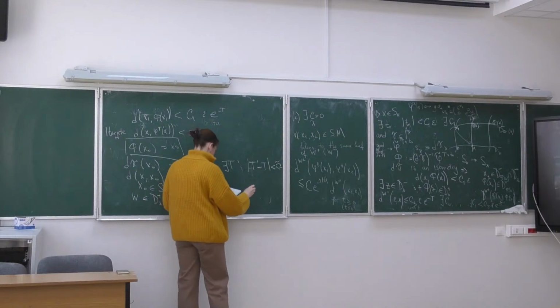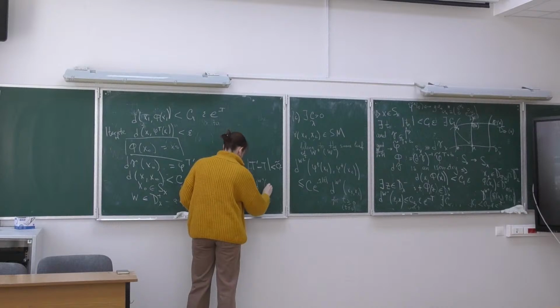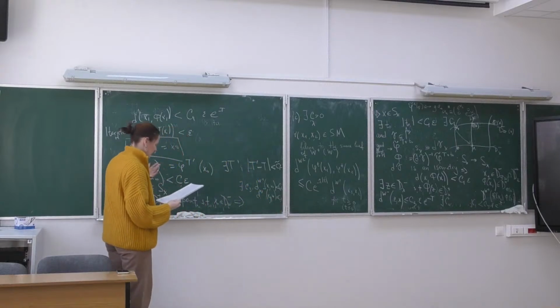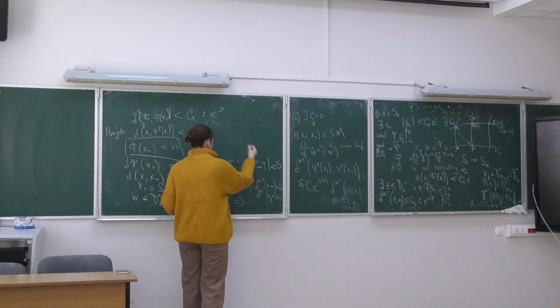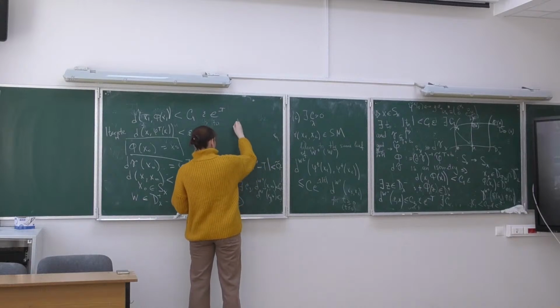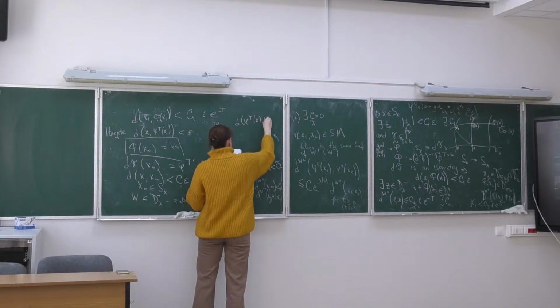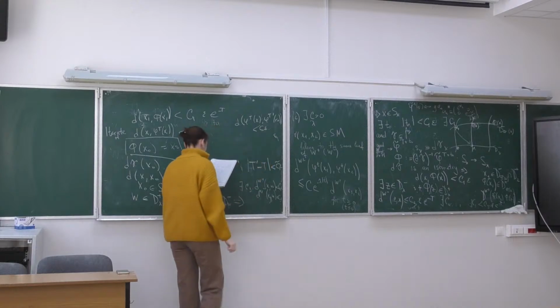Therefore, we can say that for some constant c3, dw plus between x and w is smaller than c3 epsilon, and dw minus between x0 now and w is smaller than c3 epsilon. And for the same reason, we can estimate the distance between phi tx and phi t prime x0, and again we can estimate it with some constant on epsilon.